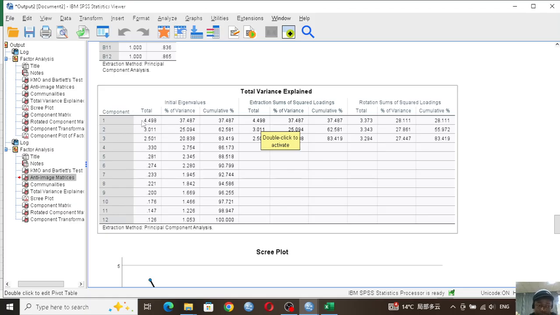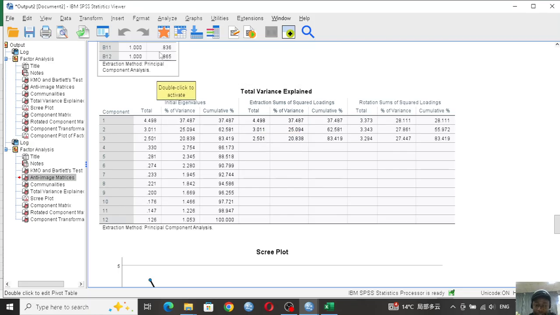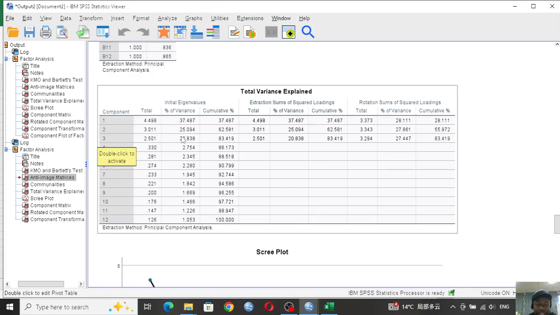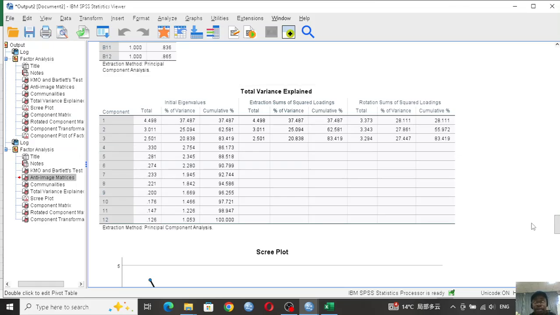So the last one greater than 1 is component 3. From component 4 down, they are all less than 1. So these 3 components are enough to represent the 12 items. And the total variance explained by them is 80.42% of the entire, which is enough. That means the rest, from 4 to 12, take only around 17%.